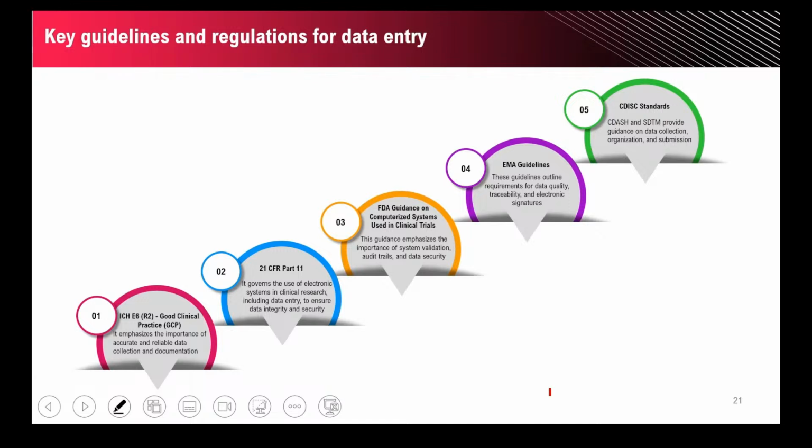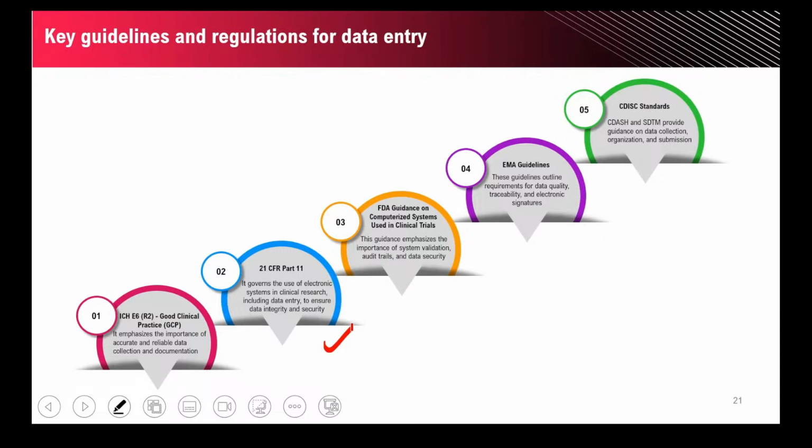21 CFR Part 11. Title 21 of the Code of Federal Regulations, often referred to as Part 11, sets forth the requirements for electronic records and electronic signatures in the US.